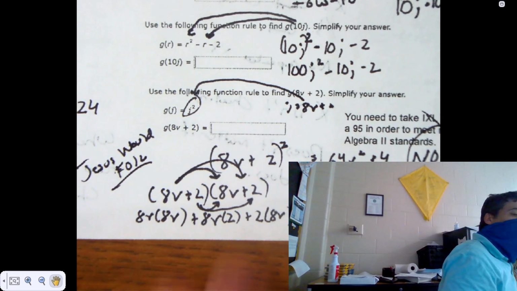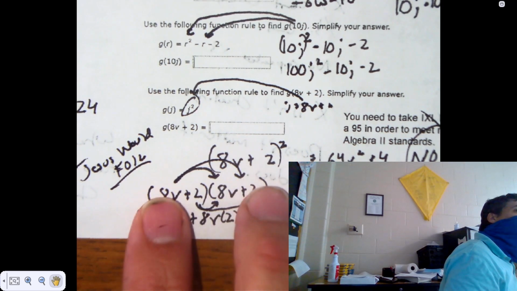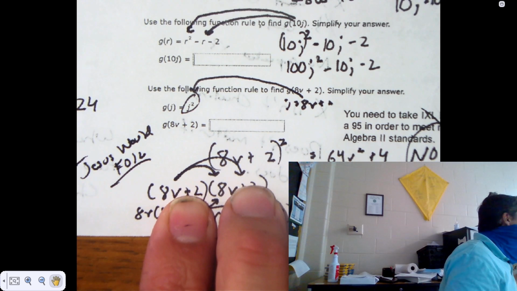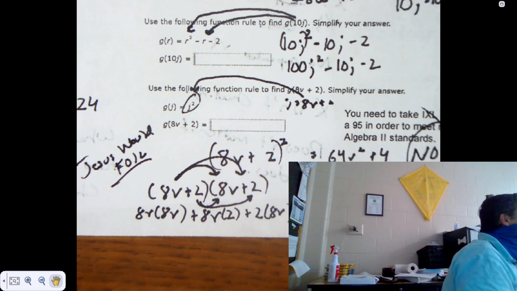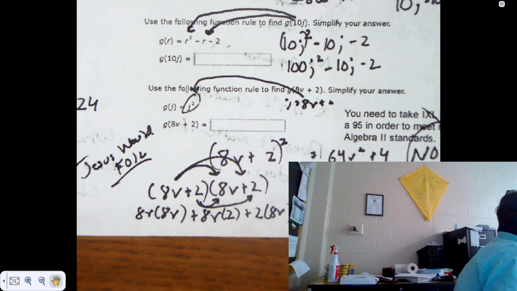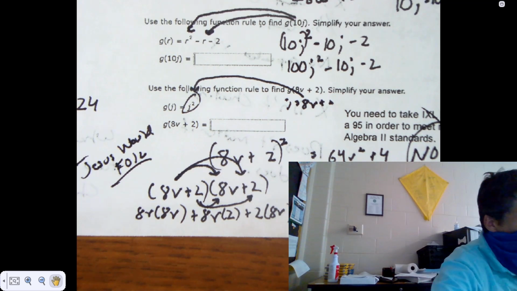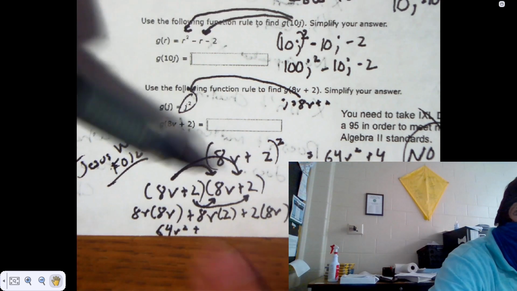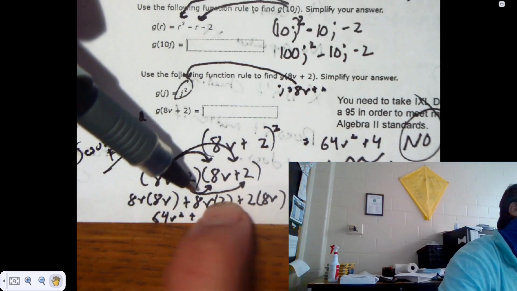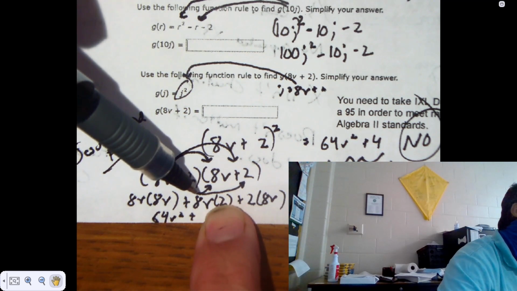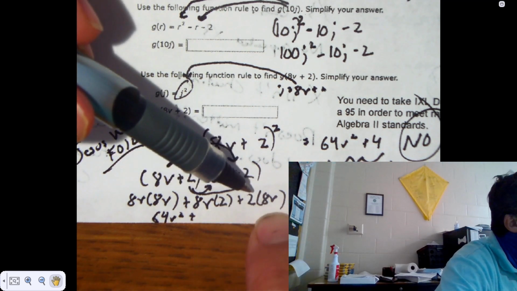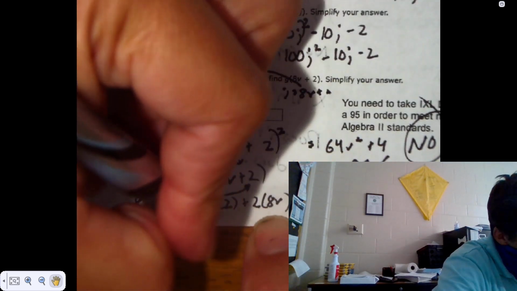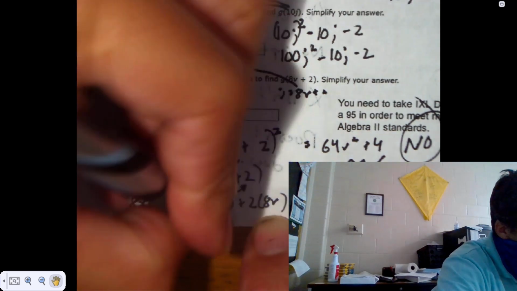I did the first terms, the outside terms, the inside terms, and the last. Just draw 4 arrows. That's all you do. Then you figure it out. What's 8V times 8V? 64V squared. I'm going to combine these pieces. That's an 8V times 2, and a 2 times 8V, which is 16V plus 16V makes 32V. And then the last is 4.